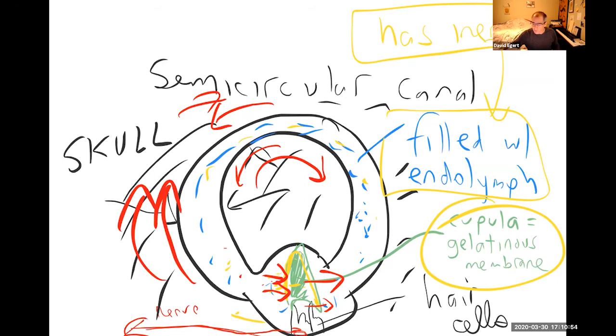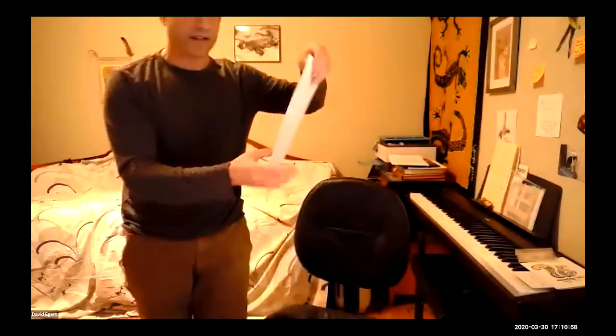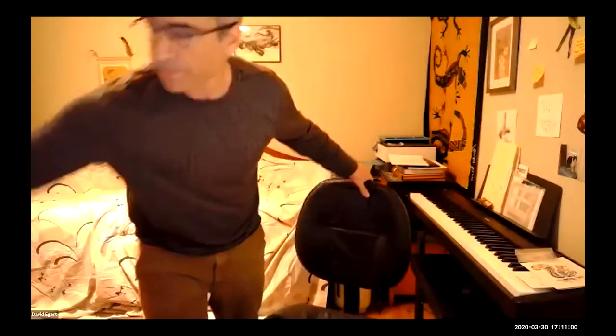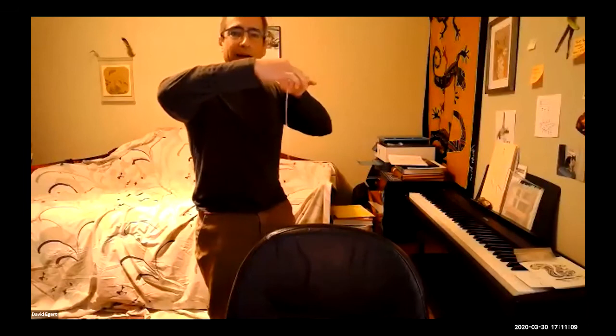I'm going to stop sharing for a moment. Imagine air instead of the endolymph. Air is a fluid. Let's say this is the cupula. If my whole skull is moving one direction, then the cupula gets bent the other direction.